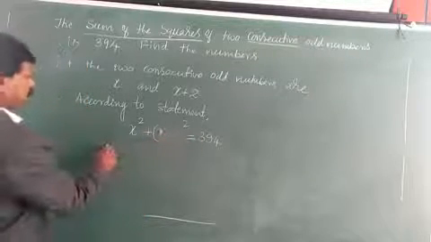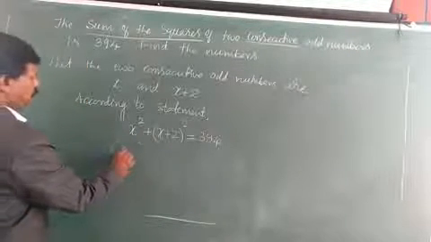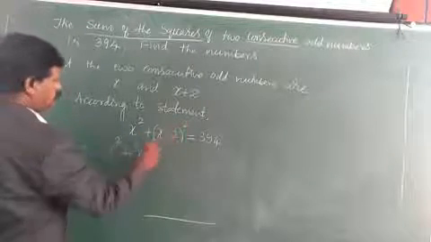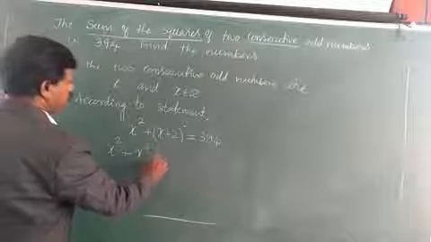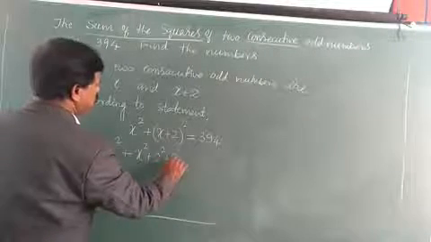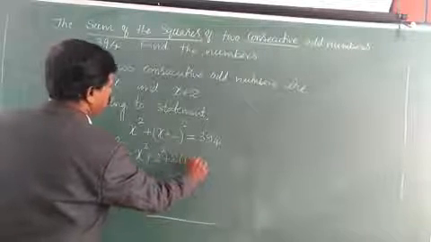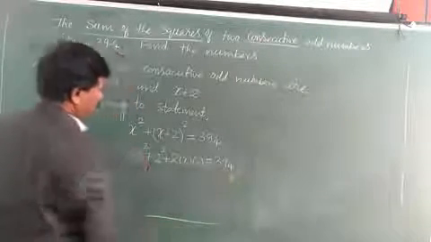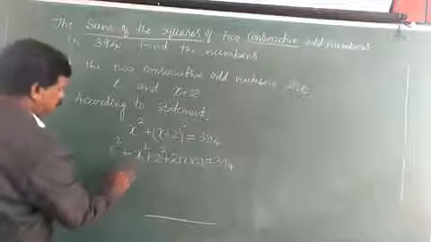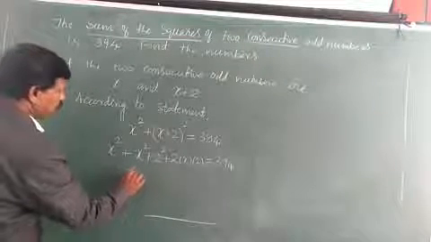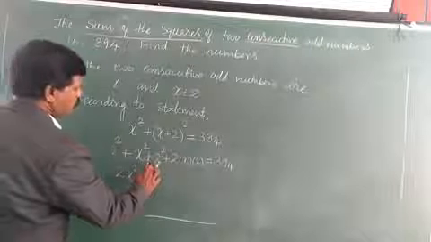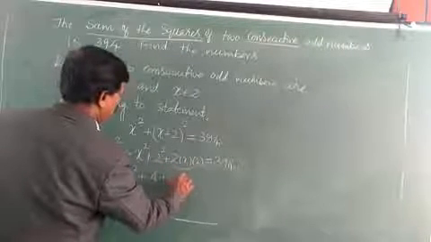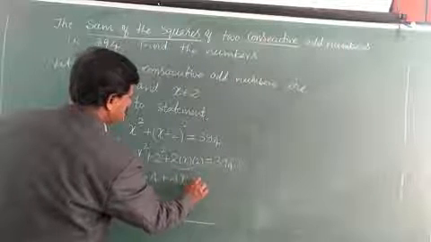Now this is x square plus, expanding a plus b whole square as a square plus b square plus 2 into a into b, equals 394. Now how many x squares? 2x square plus 4x plus 4 equals 394.